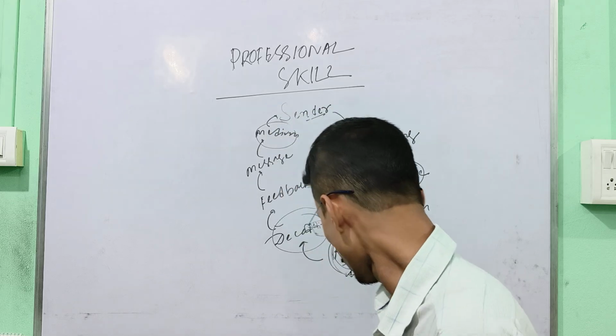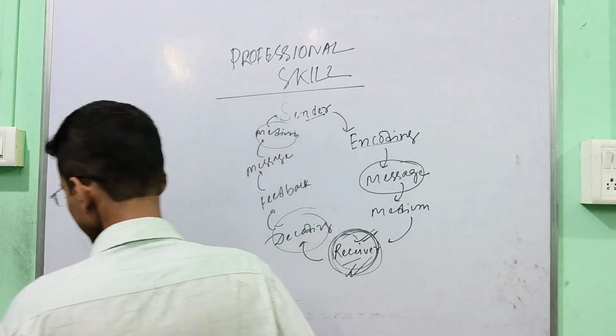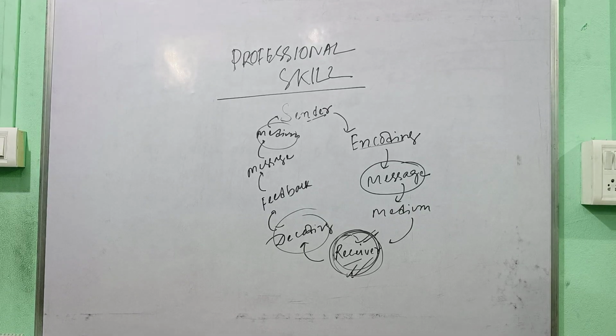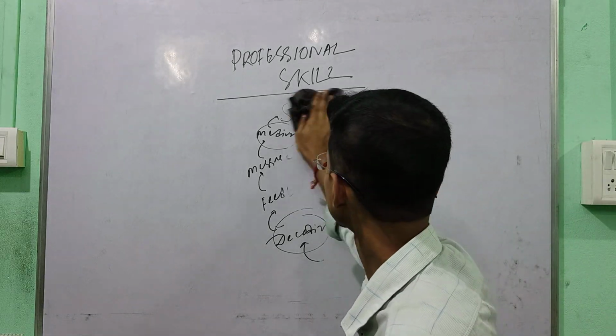Now we have to know the types of communication process in which a sender can send information to a receiver.